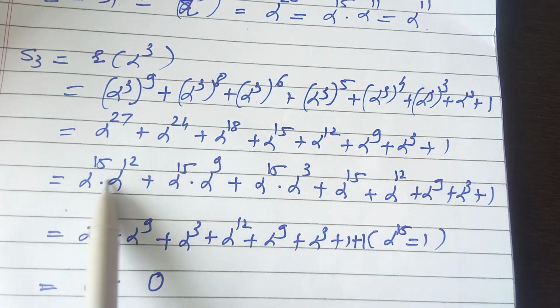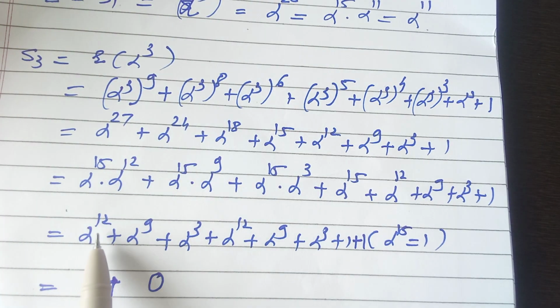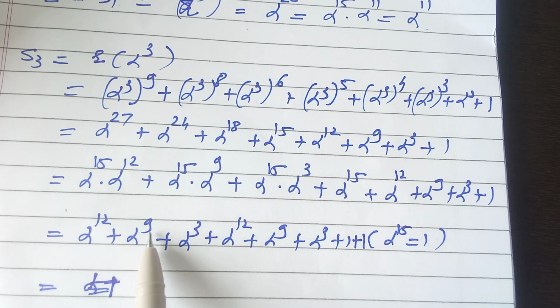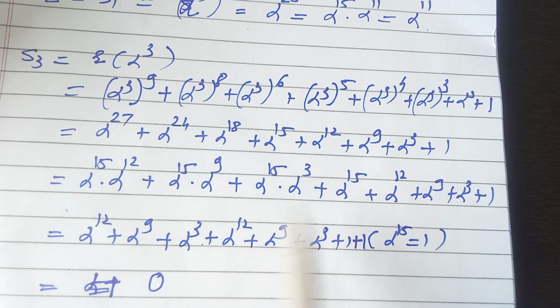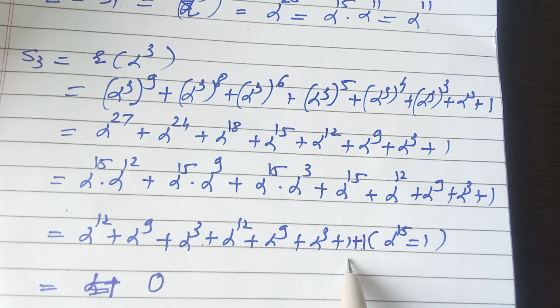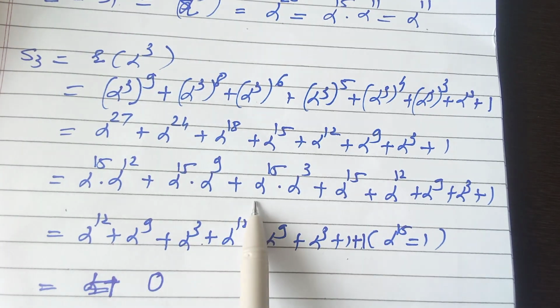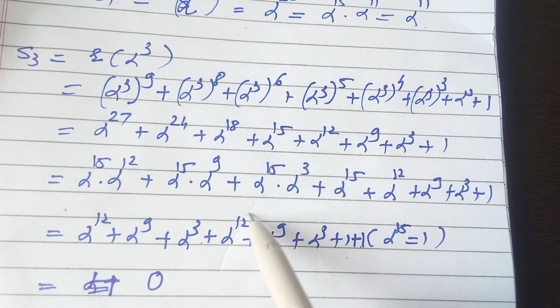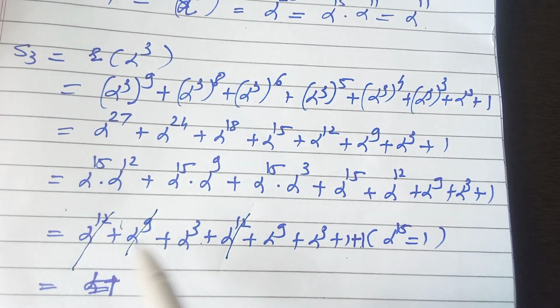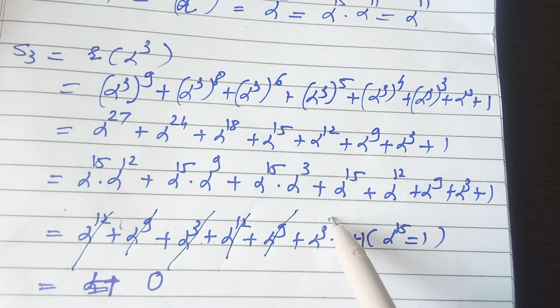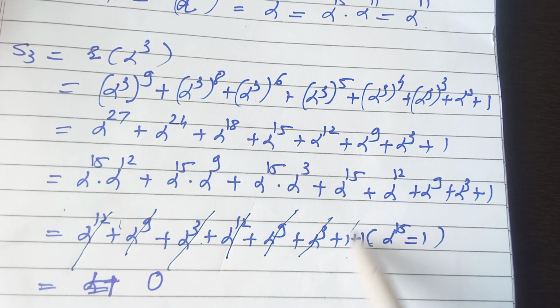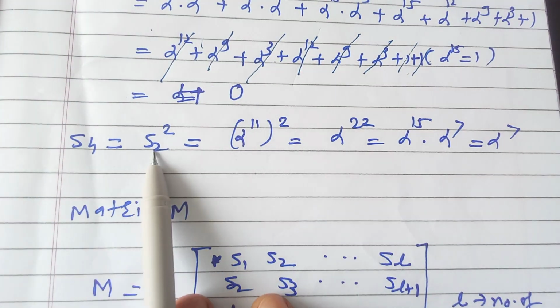So alpha^15 into alpha^12, alpha^15 is 1, so alpha^12. Then alpha^9, then alpha cube, then 1. So the 12 gets cancelled out here, 9, 3, and 1 plus 1 also get cancelled out. So the answer is 0.